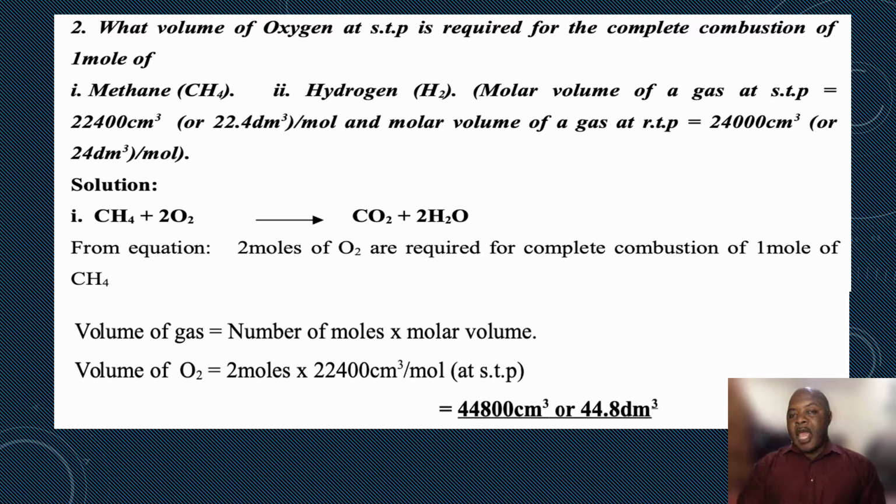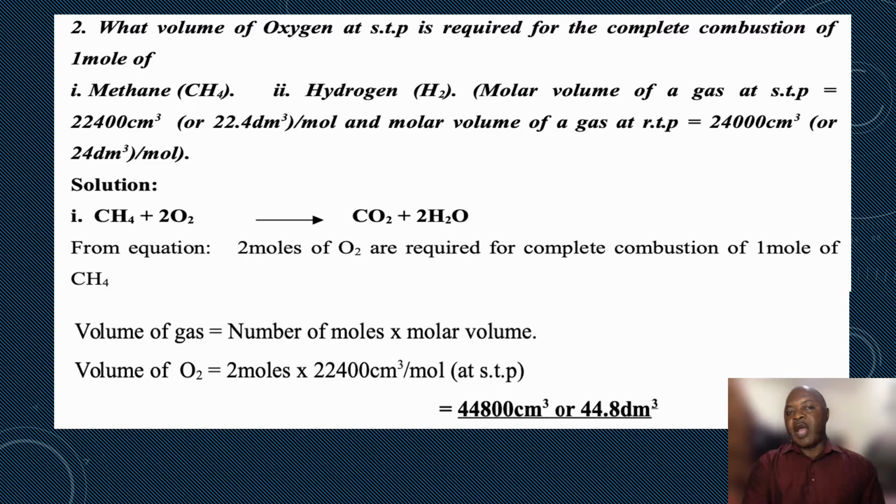If 1 mole of a gas at standard temperature and pressure will contain 22,400, then the number of moles there are 2. Then 2 times 22,400 will be what? Because the volume we are given here is for 1 mole.